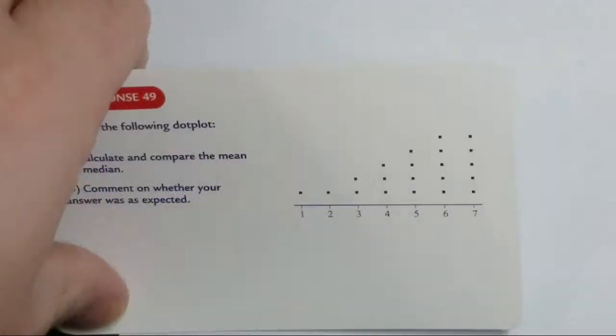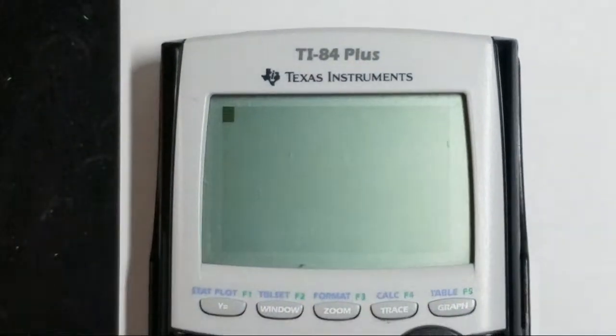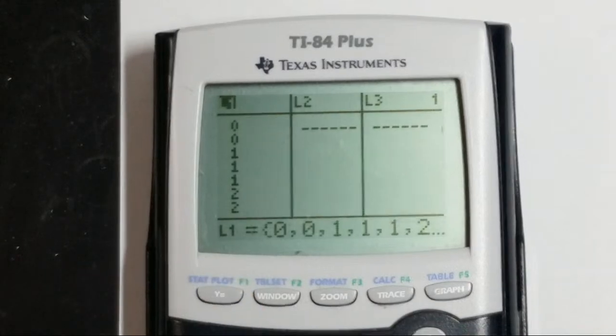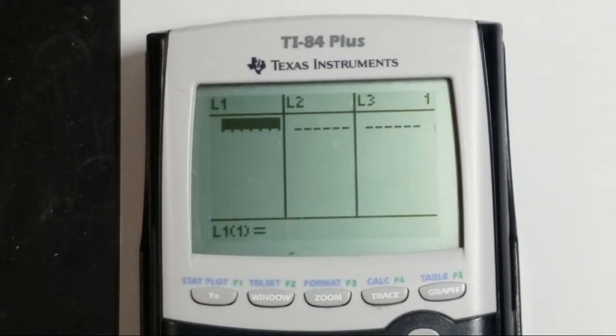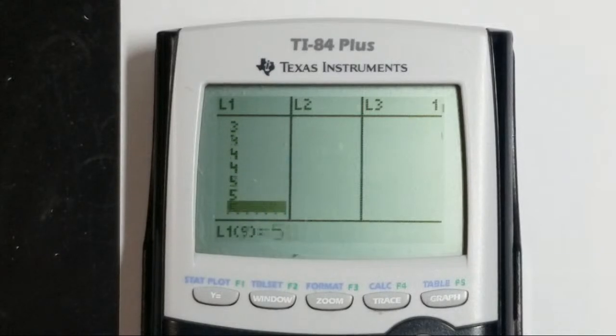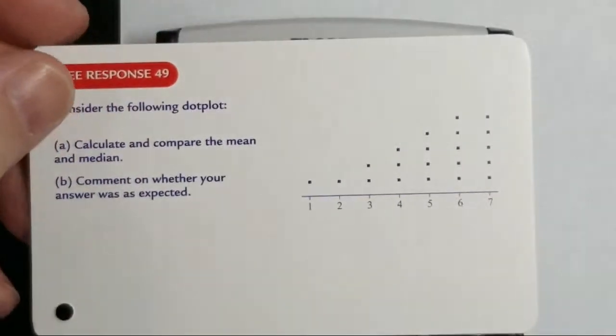A quick way of going about the mean, obviously you could just add them all up and divide by 21, but if you didn't feel like doing that, you could just type in the data points based on what you see, and I'll show you how I did this in a moment. There we go. 21 data points.